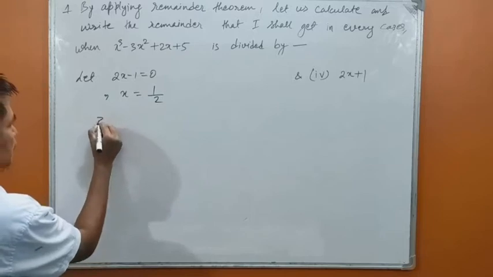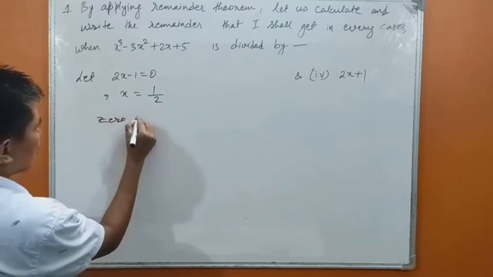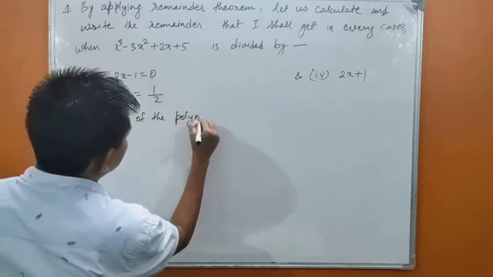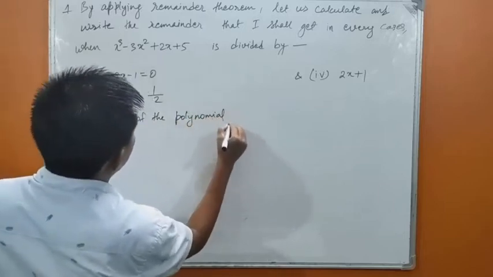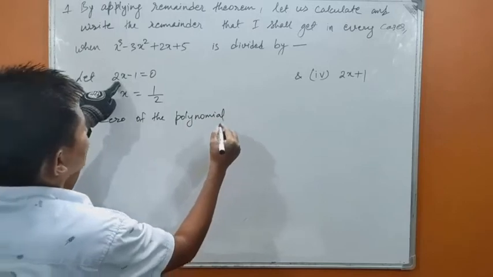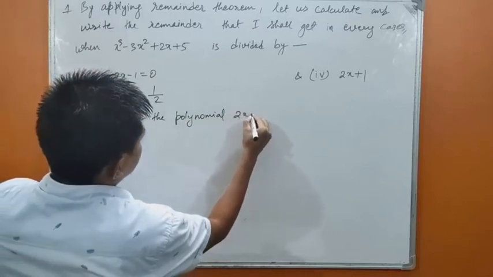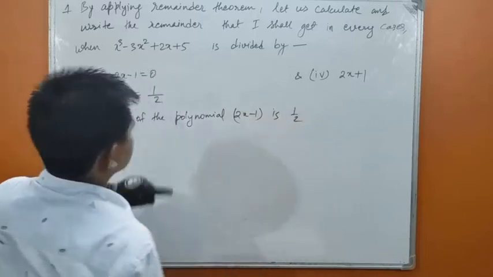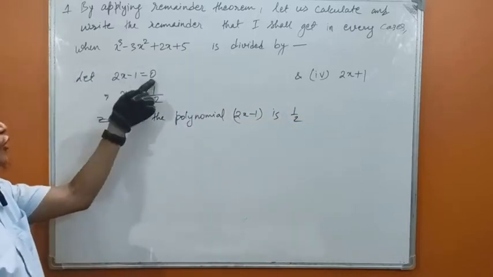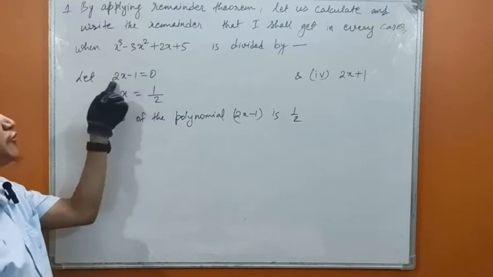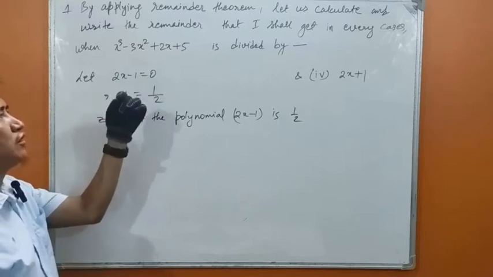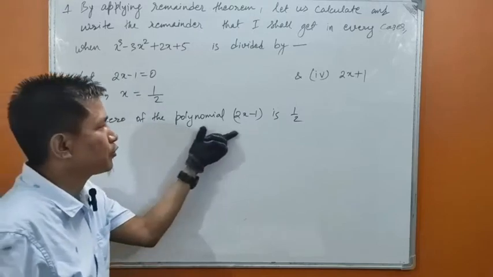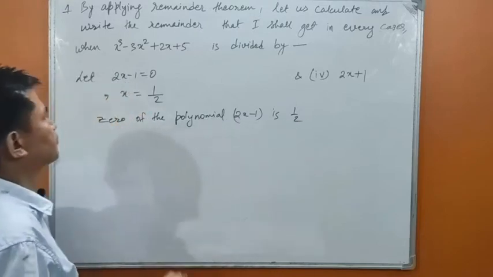Now, since the zero of the polynomial 2x minus 1 is 1 upon 2, isn't it? The zero of the polynomial means we assume the value of this polynomial to be 0. So in that case, x is 1 upon 2. So the zero of the polynomial 2x minus 1 is 1 upon 2.